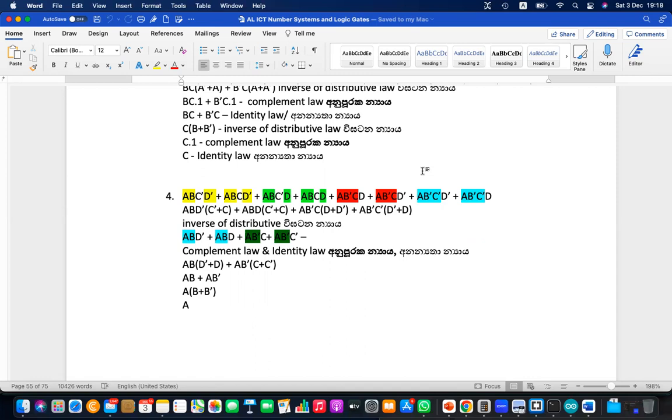But in sequential circuits, not just the current input but also the previous inputs, that means the memory, will affect the output. So memory circuits can be created using sequential logic. Next day we will learn K-maps, and after that sequential logic, and with that the logic gates lesson will be over. It will take at least 2 days, maximum 3 days.